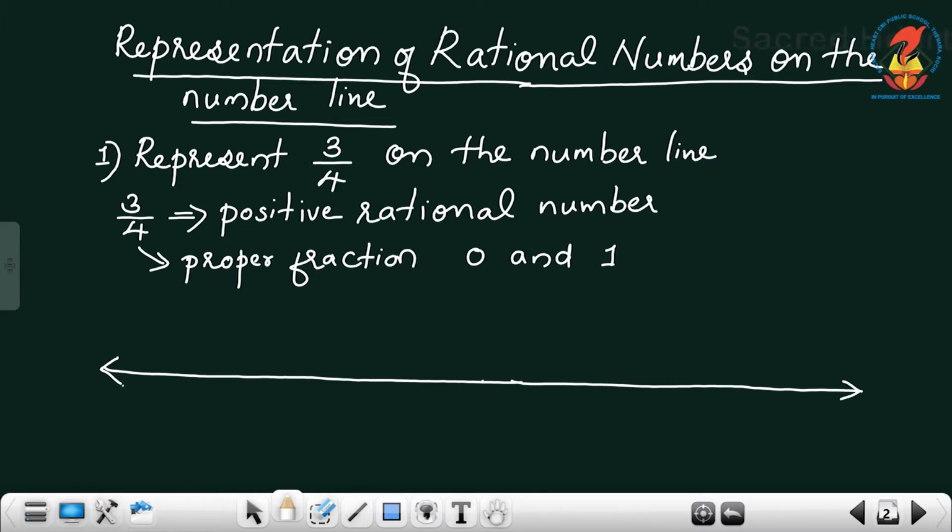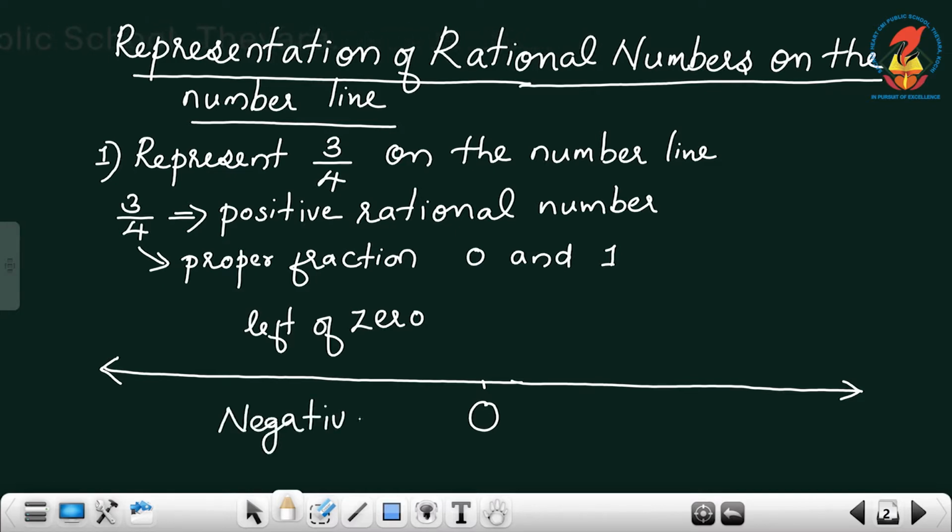Then first you have to mark a point on the number line and label it 0. To the left of 0, negative rational numbers are represented by all points lying to the left of 0.